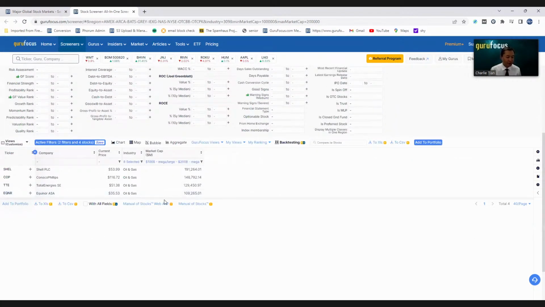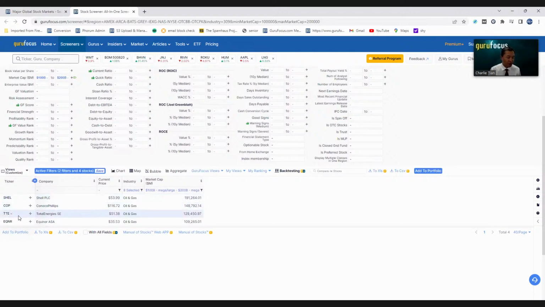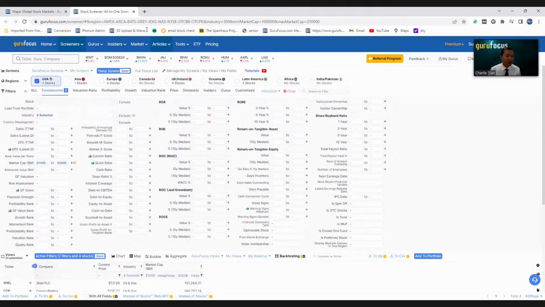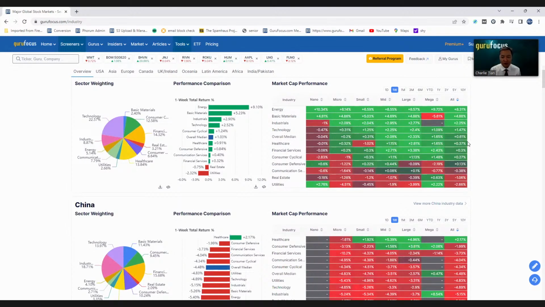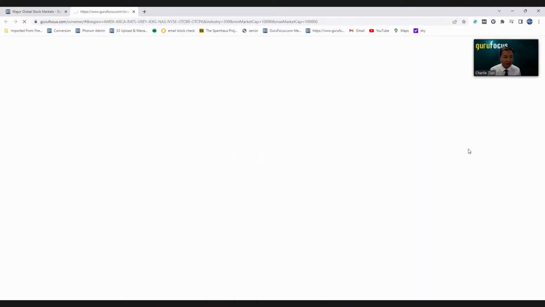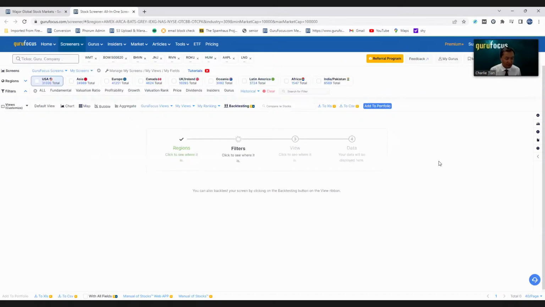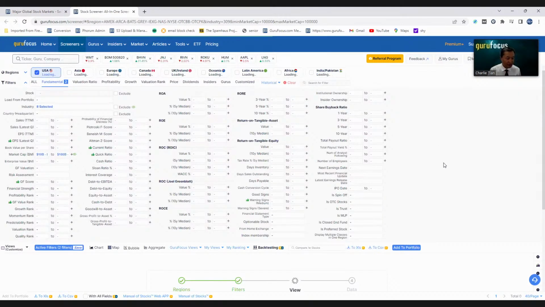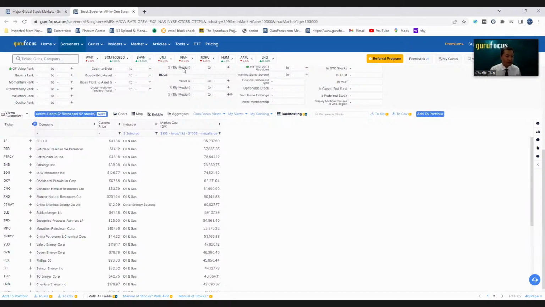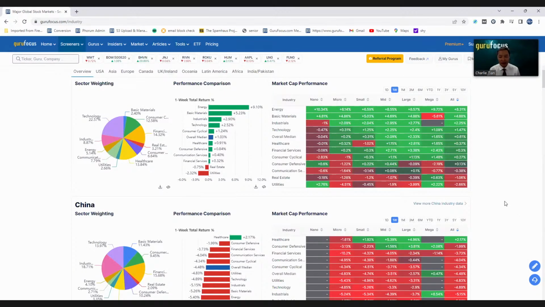It shows you which companies are doing well, the Shell, ConocoPhillips, and Total. Yeah, it shows you which companies are doing well in these boxes. That's how we structure the screen, so that you will know which ones are doing better.